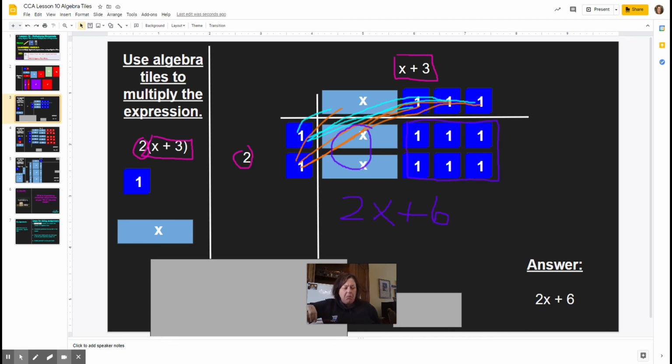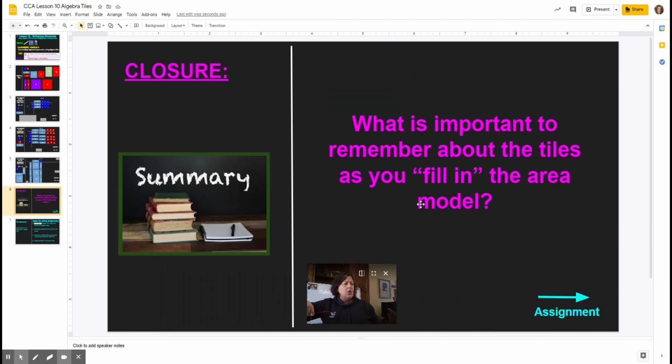Do you remember what I said had to be true about underneath when you put the tiles in? It needs to make a shape. Remember, it's most important to make sure that those tiles fill in to make that rectangle, right? Completely fill them in with each of those parts.